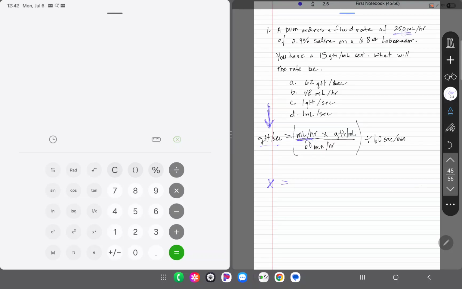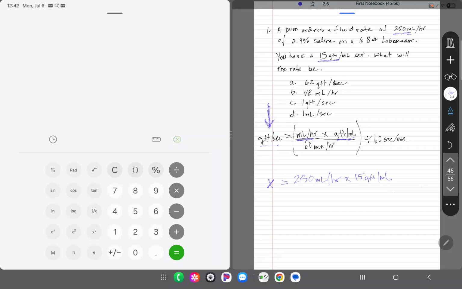So the doctor said 250 mils an hour. Fabulous, look at that, I got my first chunk. Excellent. And then drips per mil, we know that comes from going to my cupboard and figuring out what set do I have. The question already told you you've got a 15 drip per mil set. Fabulous. Times 15 drips per mil.